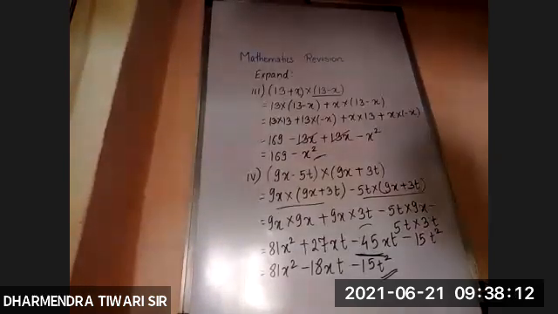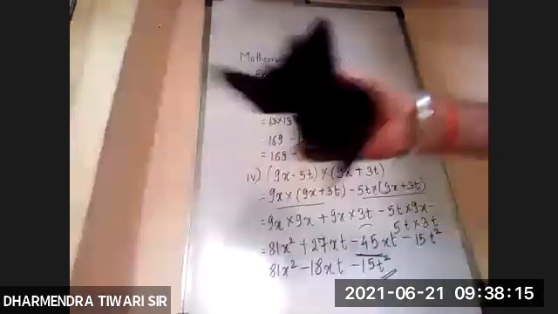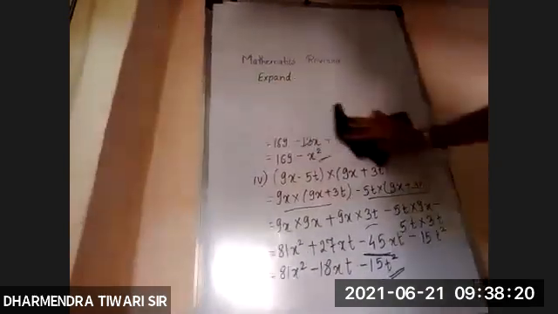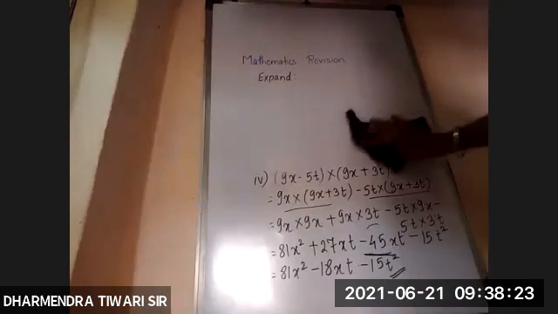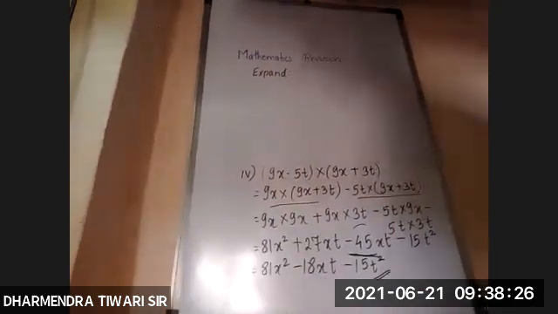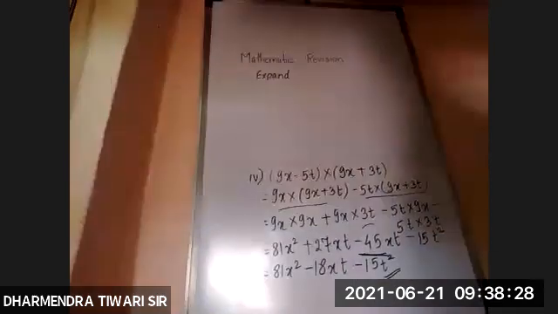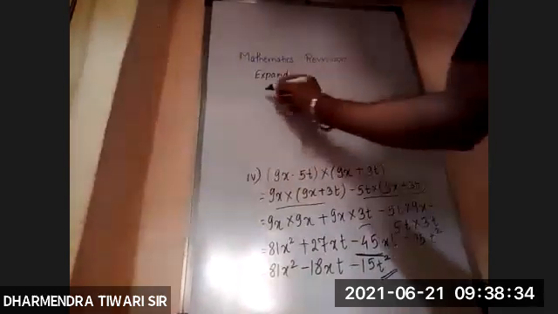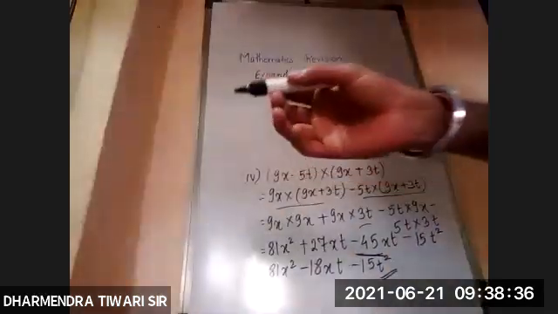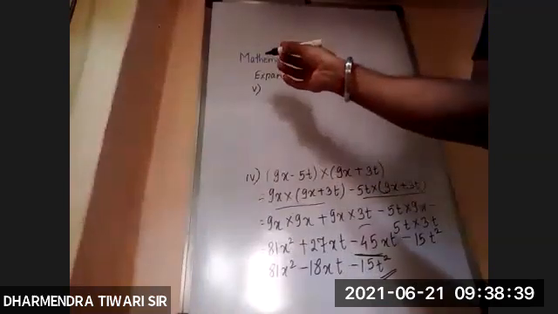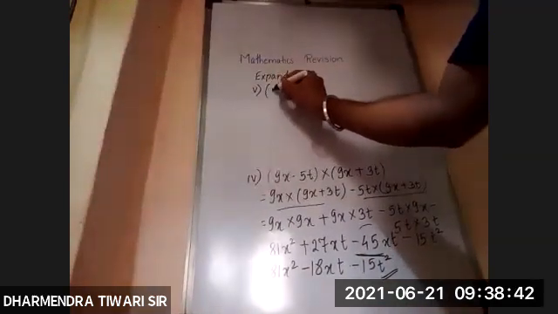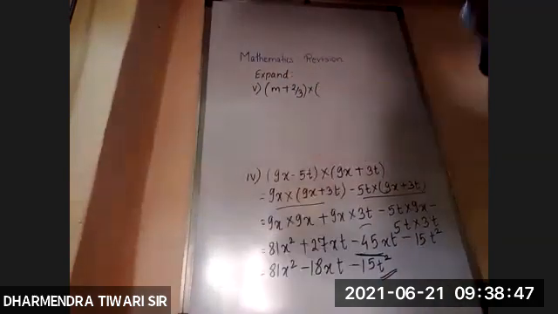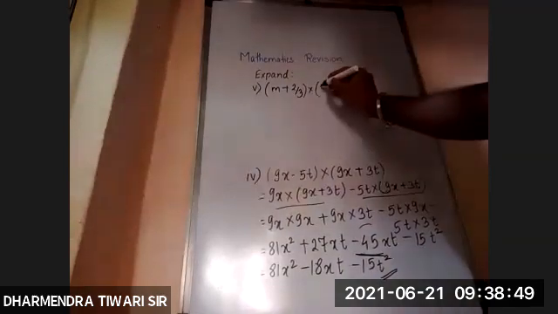The example: M plus 2 by 3 into M minus 7 by 3.